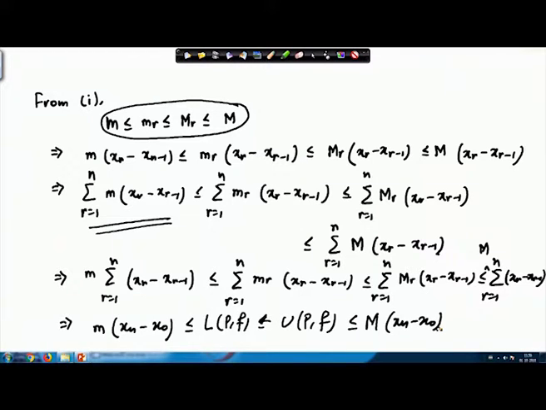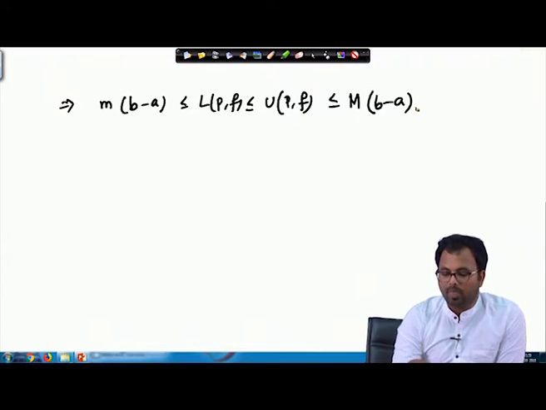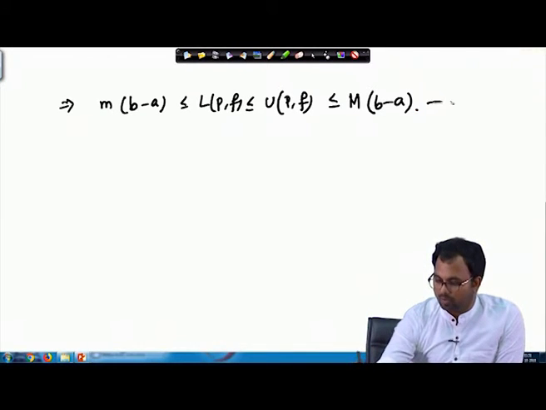And this xn minus x0, we know that xn is our point B and x0 is our point A. So, small m times (b minus a) is less than or equal to LPF, which is less than or equal to UPF, which is less than or equal to capital M times (b minus a).